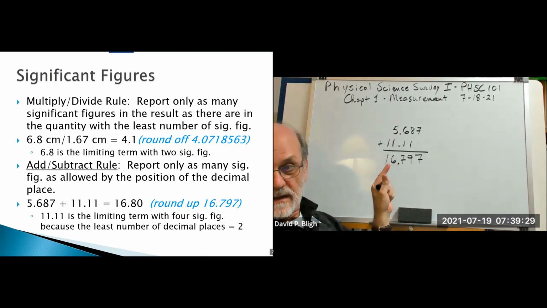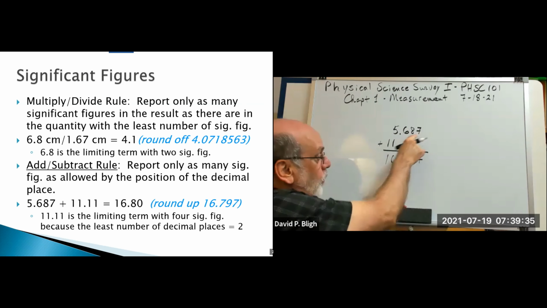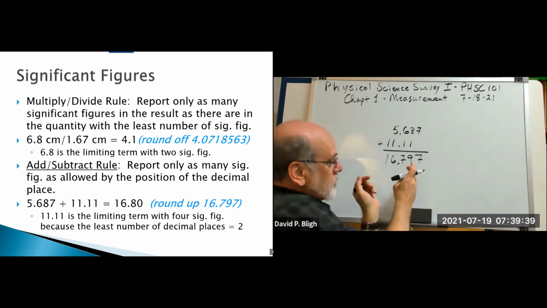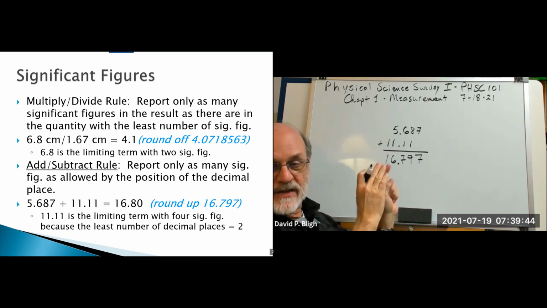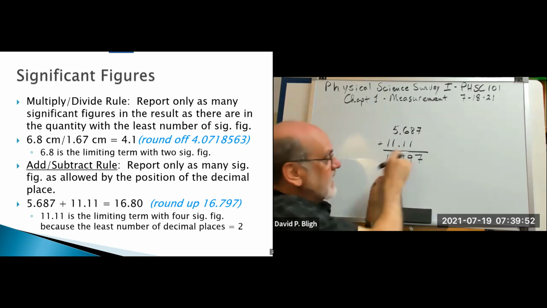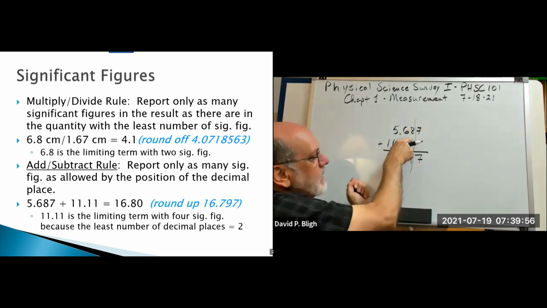How many figures can you keep down here? Well, we know that that's 4 and that's 4, but this is an addition. So you can only keep the number of decimals based on the least accurate of the numbers you added. This one is less accurate than that one. This one only goes down to 100th. This one goes to 1,000th. So you're limited right there.